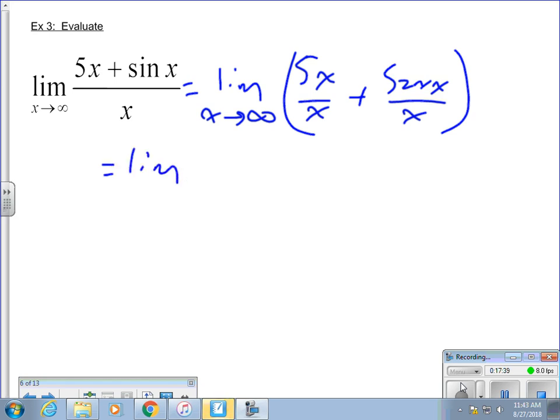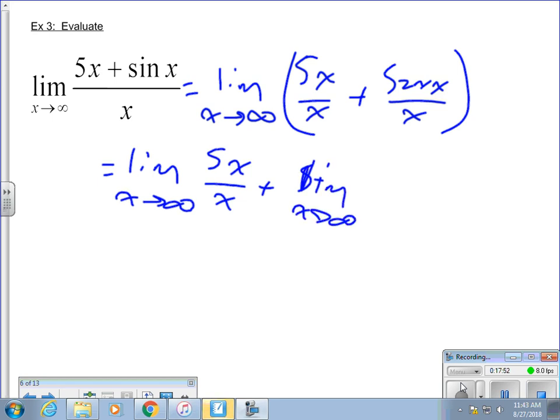Okay, so that's the limit as x approaches infinity of 5x over x plus the limit as x approaches infinity of sine x over x, and we know that this is 0 from what we've done before.